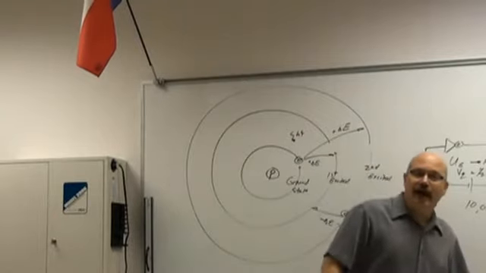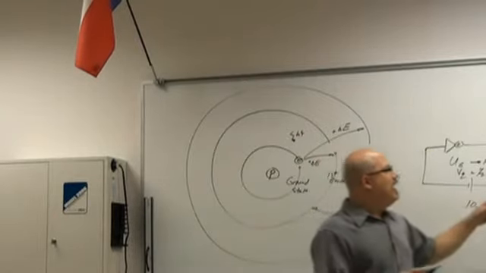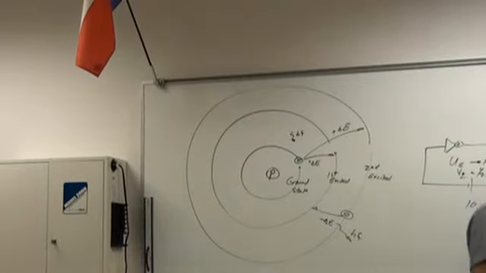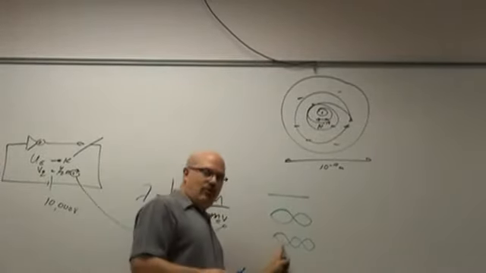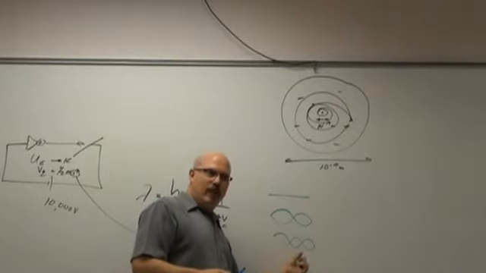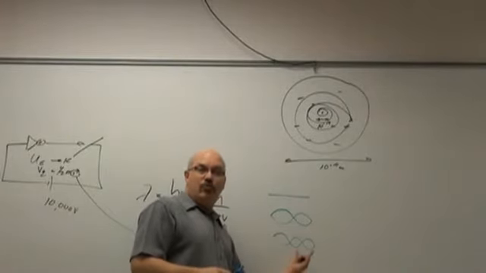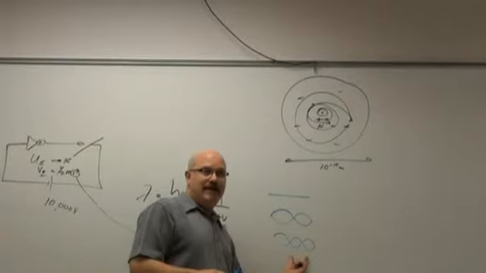Why do we have special spots? Okay, remember that electrons now have a wavelength. Okay, let's go way back. Do you remember a string with a wave in it? Do you remember that you can send certain wavelengths through here and it will resonate and you'll have a standing wave, right?